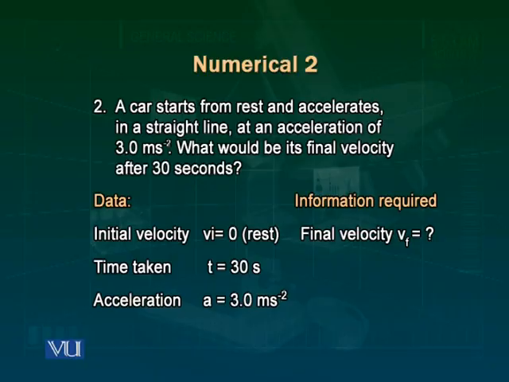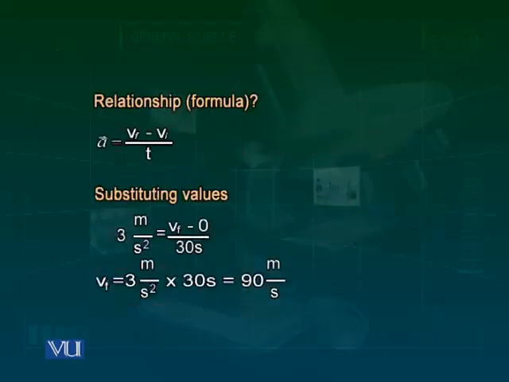Do we have a relationship or formula? Yes, when we were discussing acceleration in the last lecture, we said acceleration is defined as change in velocity over time. And the change in velocity is final velocity minus the initial velocity, divided by time. Now, the final velocity is what we want. Therefore, we just substitute the values we know into the relationship.